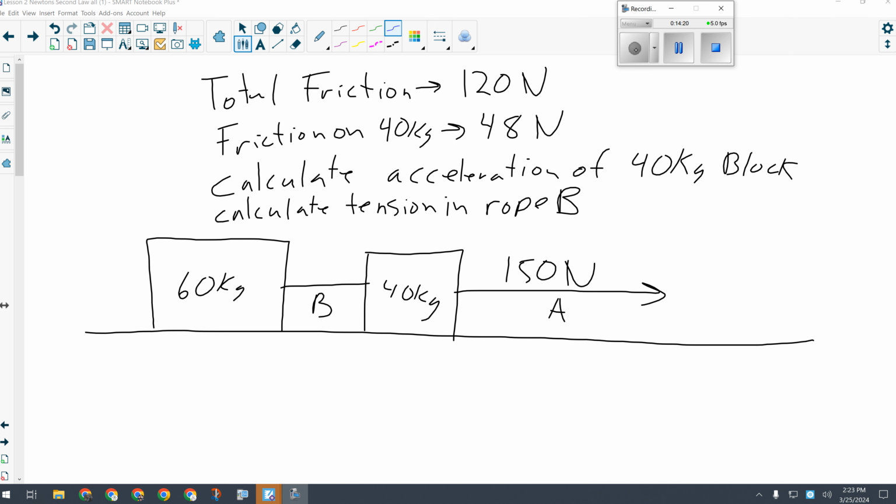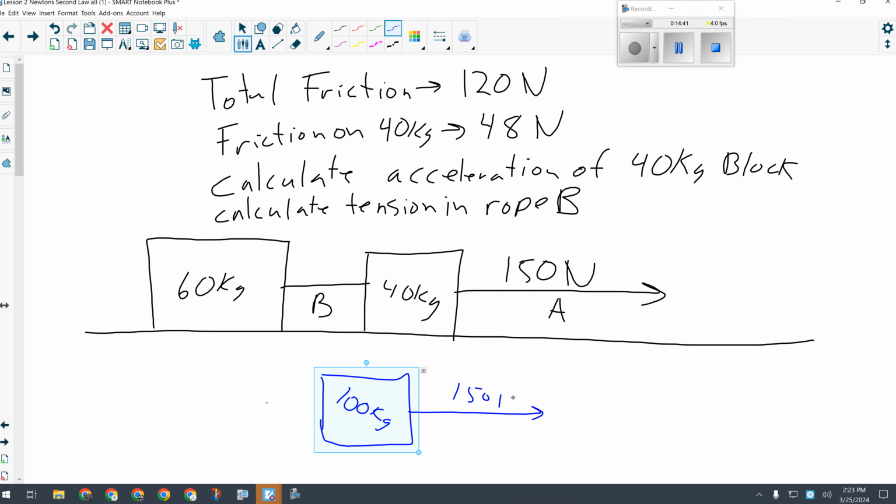Are the 2 boxes accelerating together? They have the same acceleration, yes? So does that mean I can simplify this diagram down to this situation? 100 kilograms being pulled this way by 150 newtons and resisted by 120 newtons.